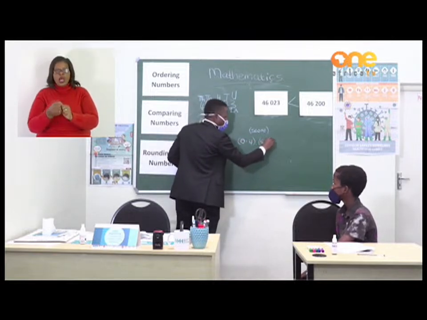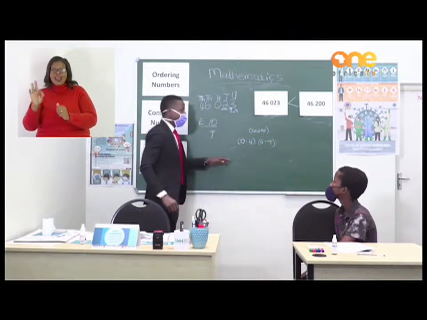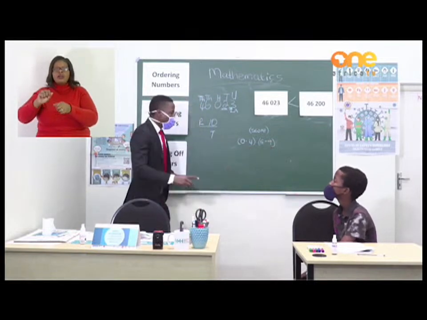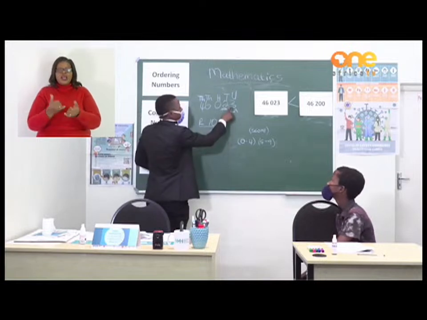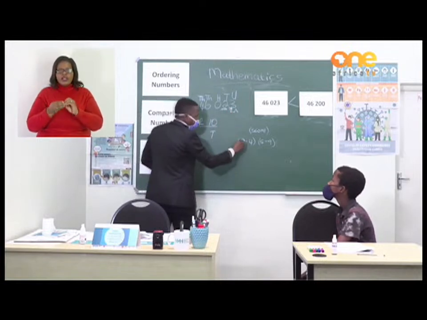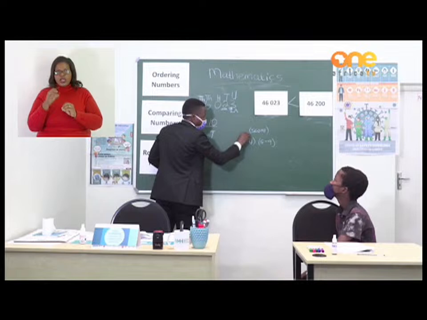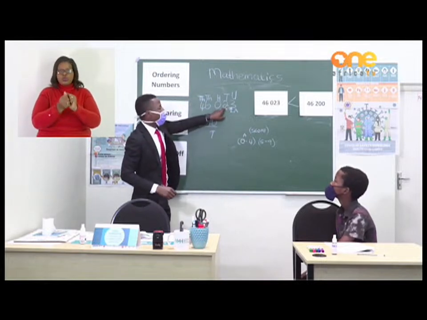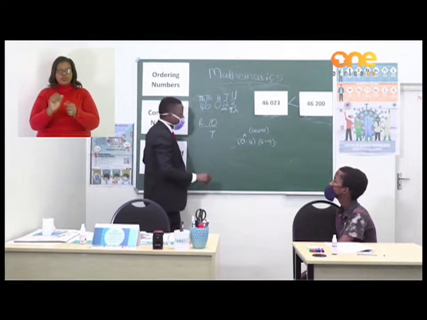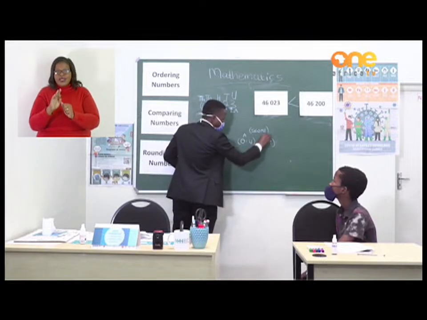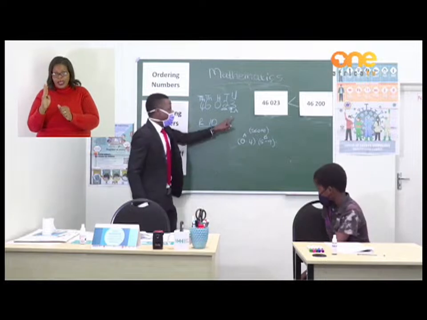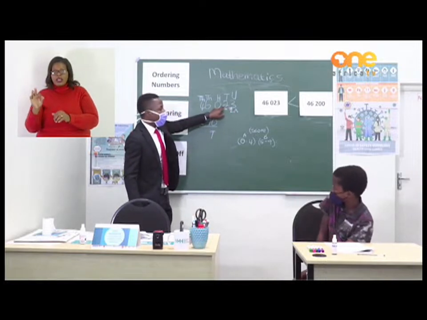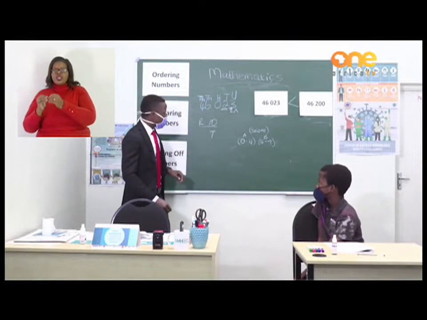From 5 to 9, those numbers can score. If the number you are looking at falls in category A, it will not change the number you are rounding off. But if it falls in category B, then it can change the number you are rounding off.